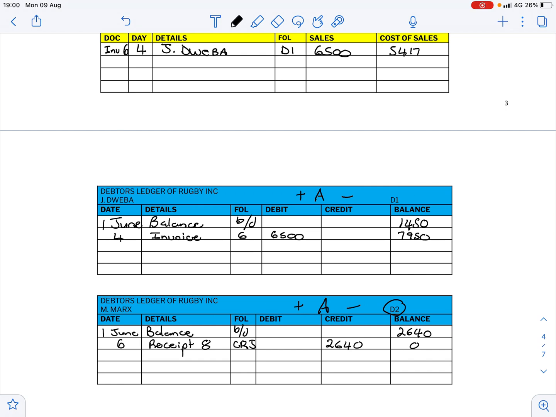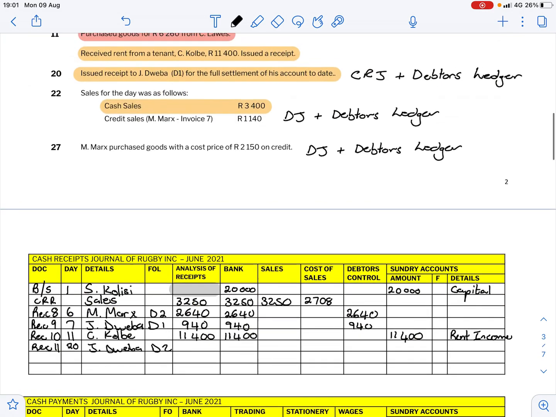Earlier then, on the 7th, with receipt number 9, sorry, our folio there was the DJ, and now from the CRJ with receipt number 9, he pays us back 940 Rand, which means his balance to date is 7,010 Rand.